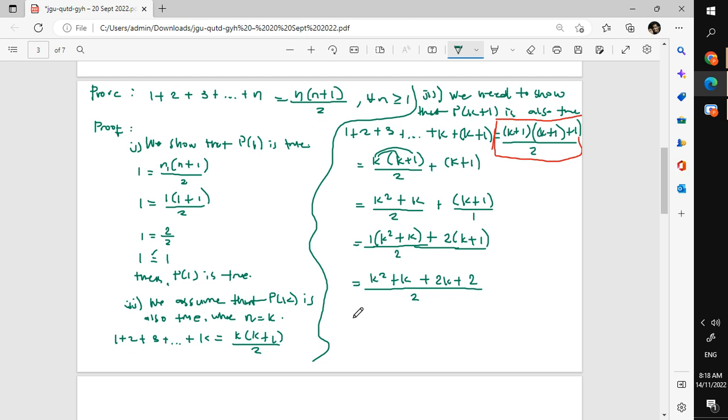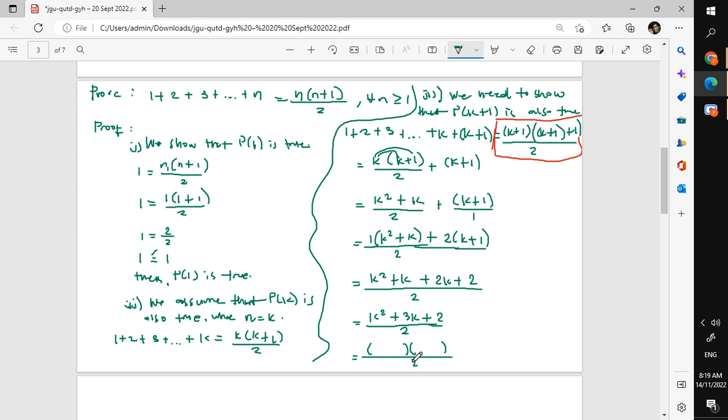So we will be combining the like terms. Here, we just copy k squared, positive k plus positive 2k is positive 3k, and we have positive 2 all over 2. Take note, our aim is this one. Now, we will factor this out. The numerator is a trinomial, so we can use the first term and the last term to get the factors.